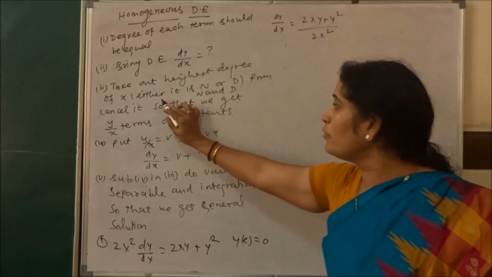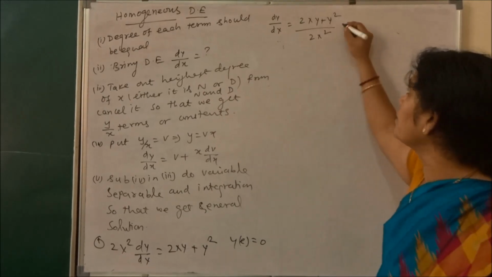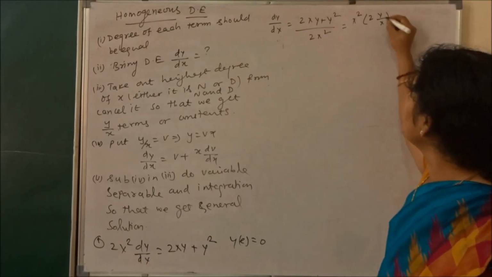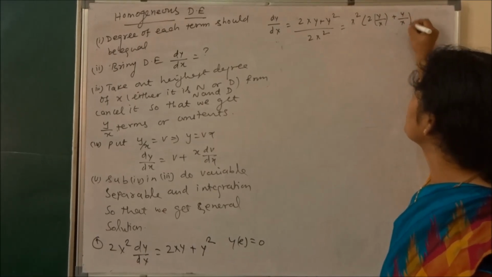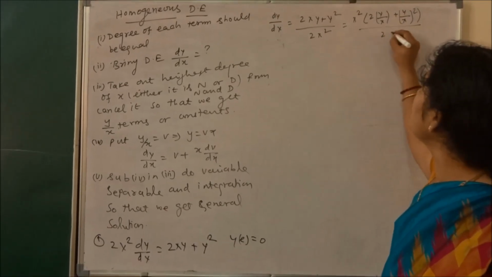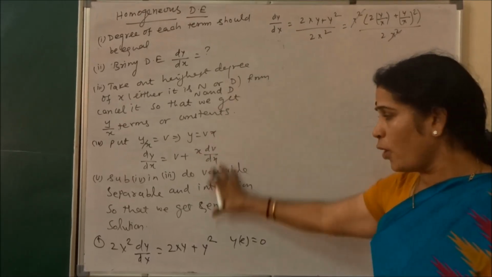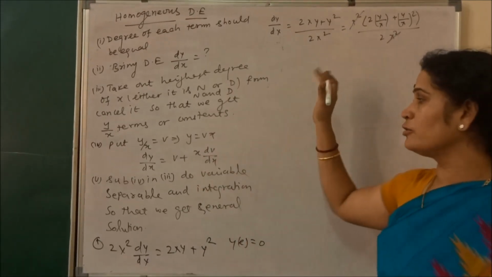I am taking x square here, so I will get 2y by x plus y by x whole square. Clear? Now the whole upon 2x square will be cancelled.